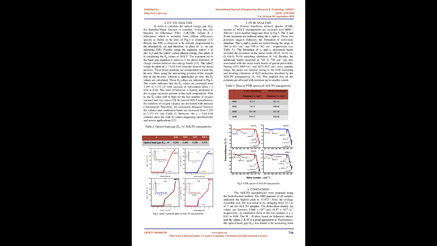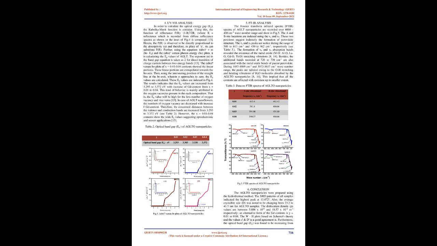The exponent, n, in the band gap equation is taken as 2 for direct transition of charge carriers between two energy bands 13. The (αhν)² versus hν plots of x equals 0.01 to 0.04 contents showed linear portions. These linear portions are extrapolated towards the hν-axis. Then, using the intersecting position of the straight line at the hν-axis, where (αhν)² approaches 0, the Eg values are calculated.